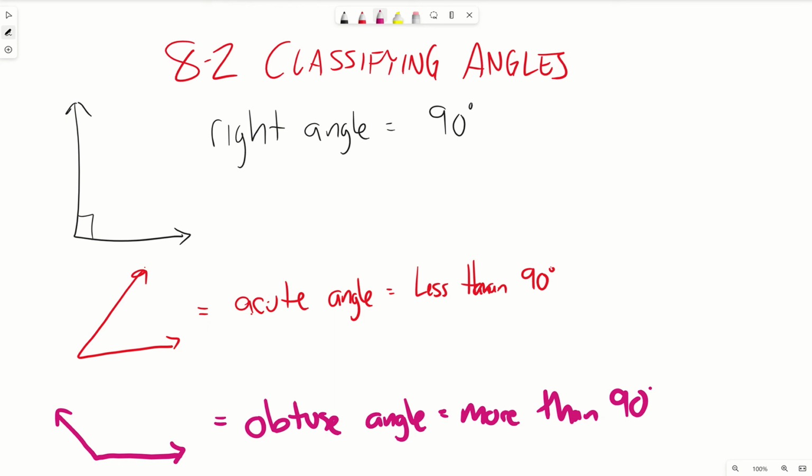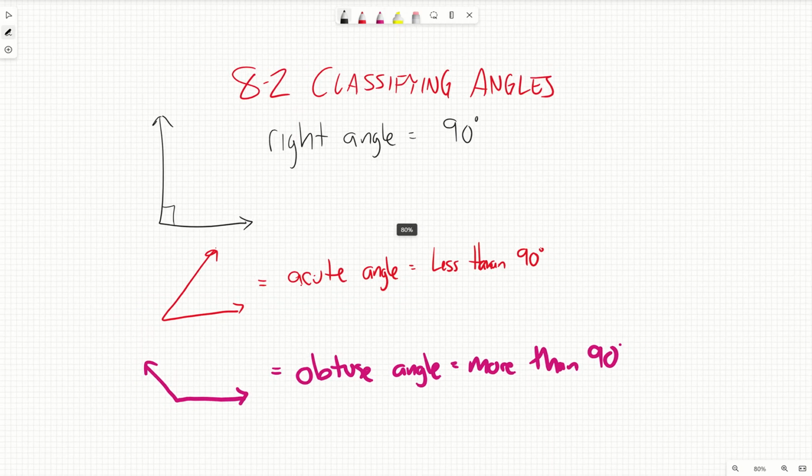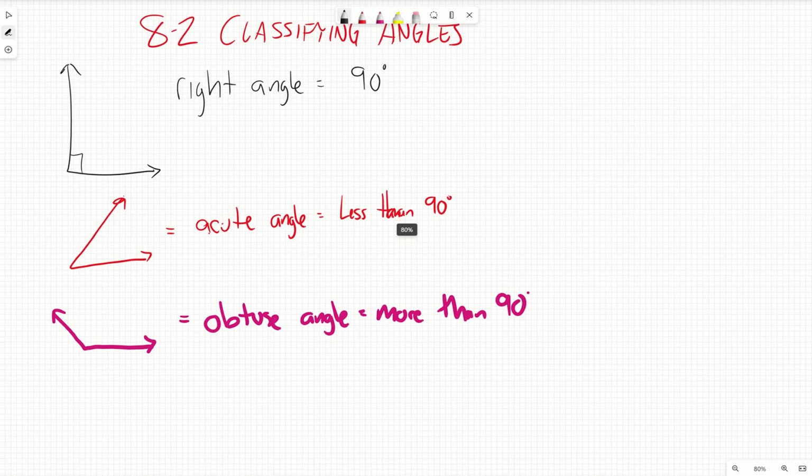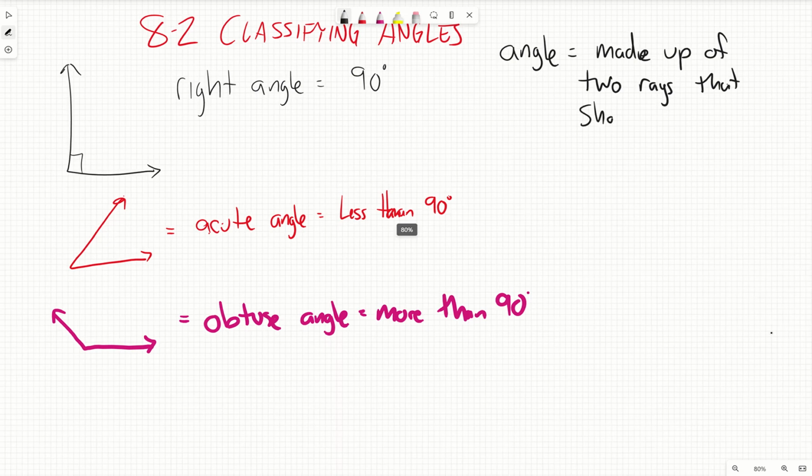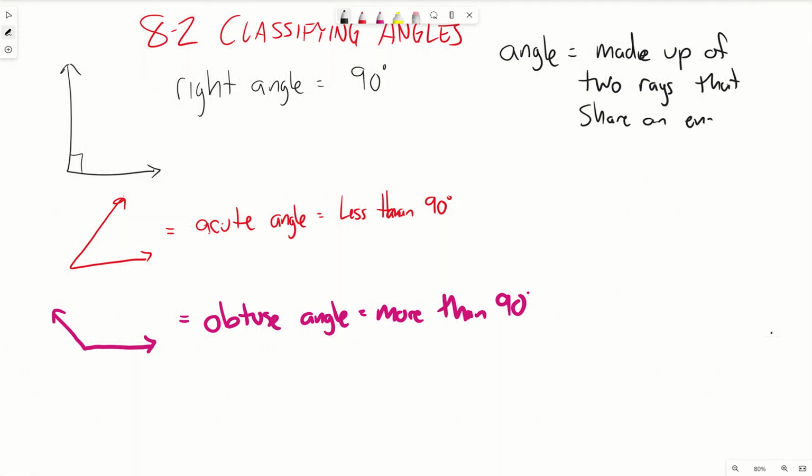Now, I didn't talk about this, but you might have asked yourself, what even is an angle? Well, an angle is made up of two rays that share an endpoint called a vertex.